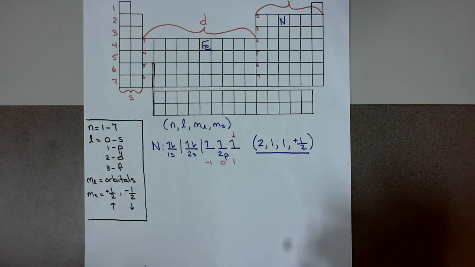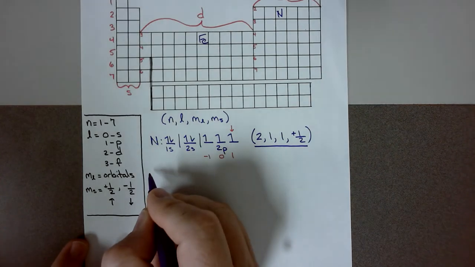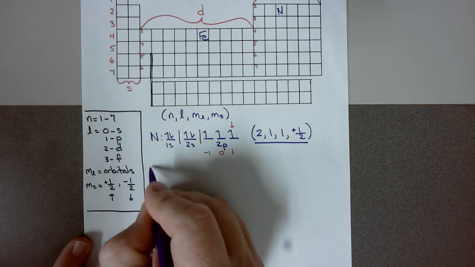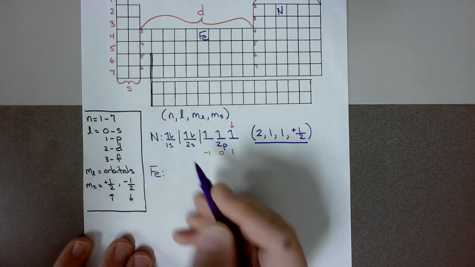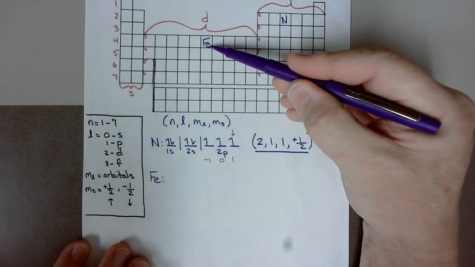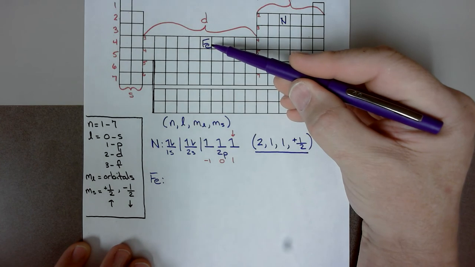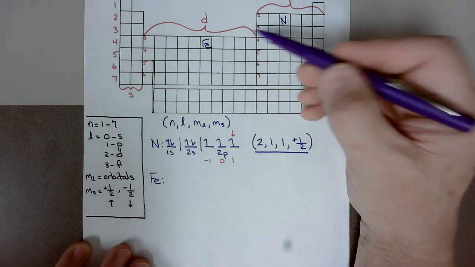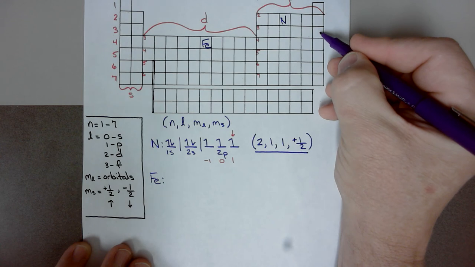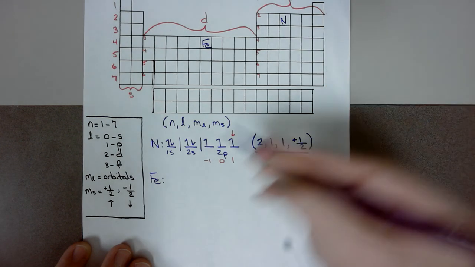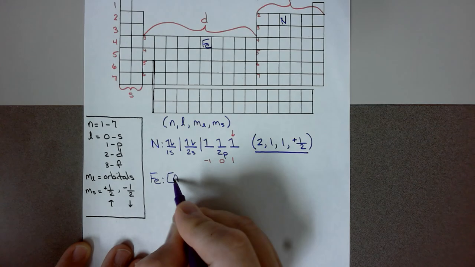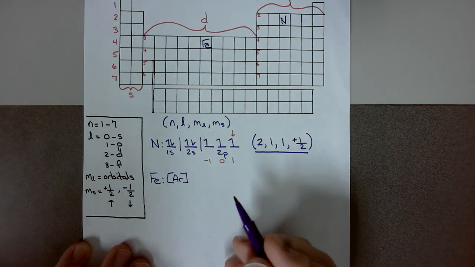So I'm going to start out with my orbital diagram to be able to do the quantum numbers. In this case, I'm going to choose to do the noble gas notation. So I go up and over, and the first 18 electrons, or 3 energy levels that are full, can be represented with that noble gas, which happens to be argon. So there are 18 electrons accounted for.